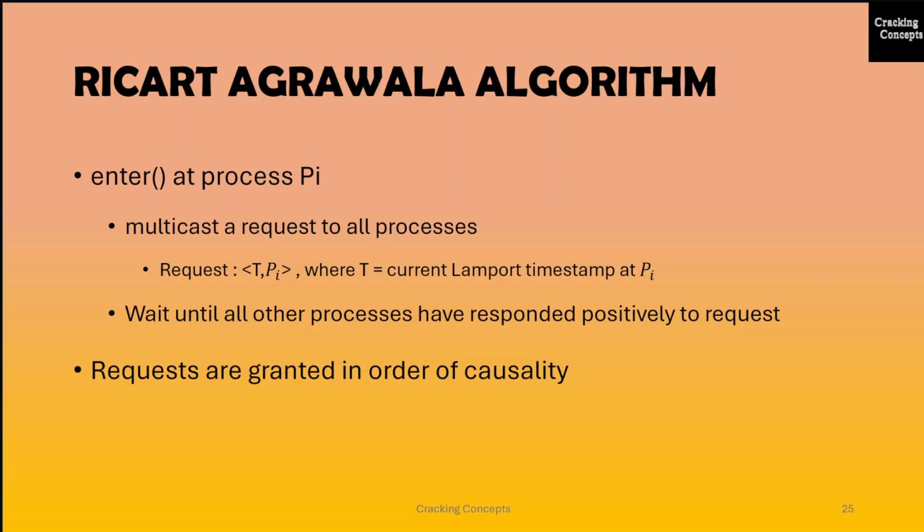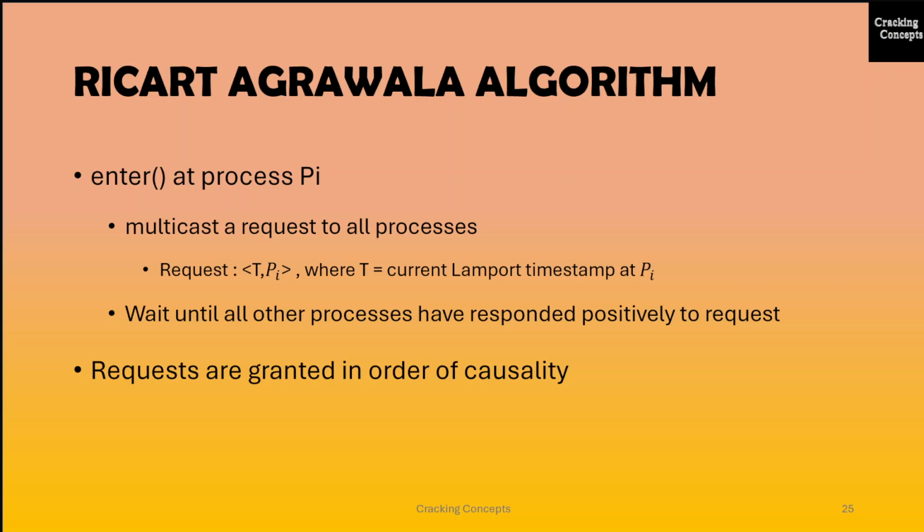Now, looking into the key idea of this algorithm, a process at the enter phase of this algorithm will multicast a request to all the other processes. The request will be in this format, where T will be the current Lamport timestamp at process Pi. Now this process will wait until all the other processes have responded positively to this request.